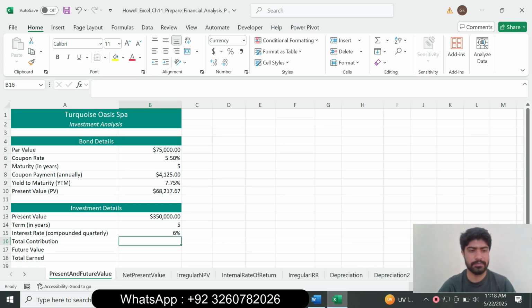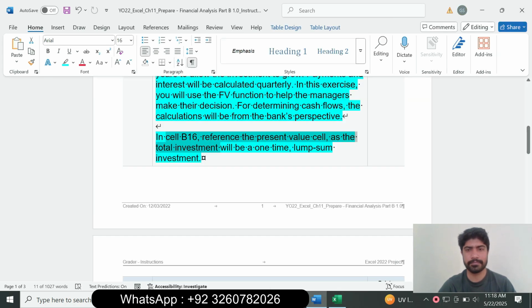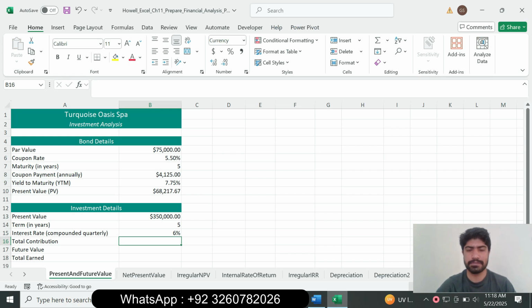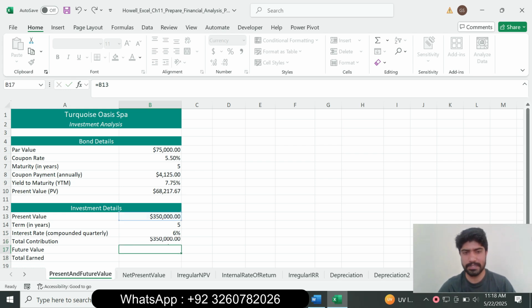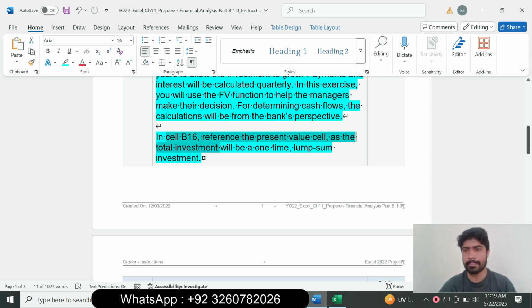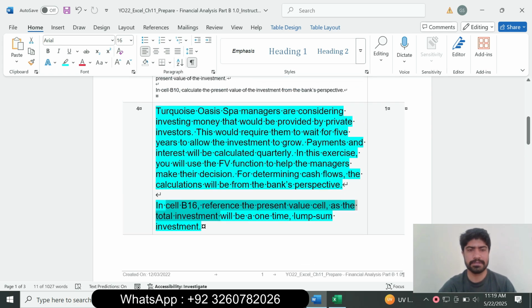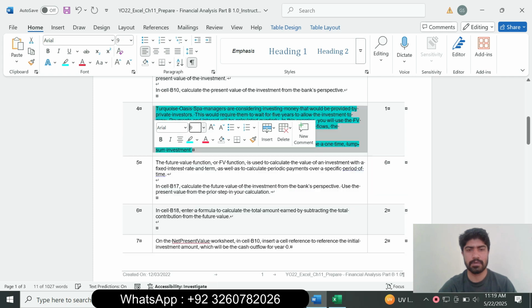So select cell B16, total contributions, present value total investment one time. In B16, type equal to and select the present value in B13 and press enter. So question number four is complete, and we move to question number five.